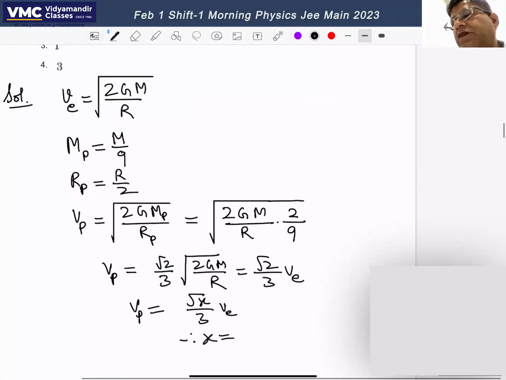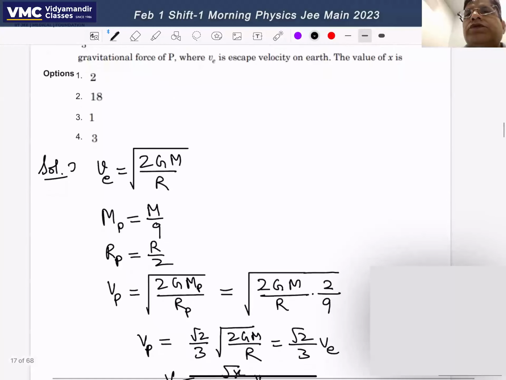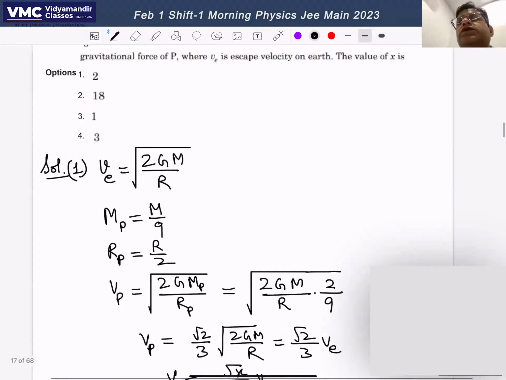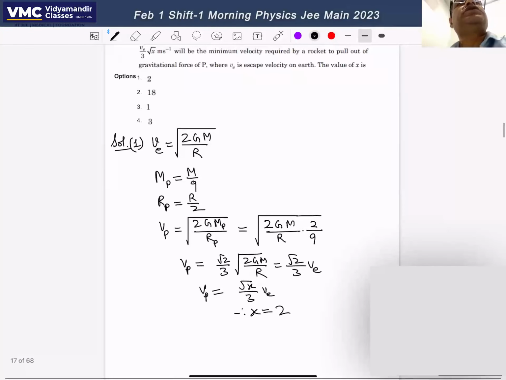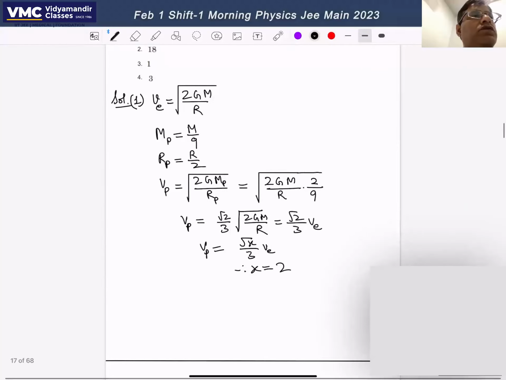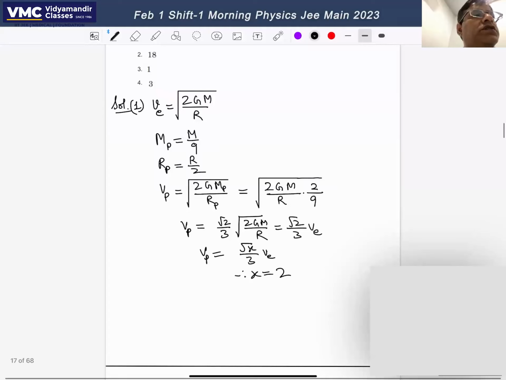So comparing, we get x equal to 2. So option 1 is correct for this 19th question.